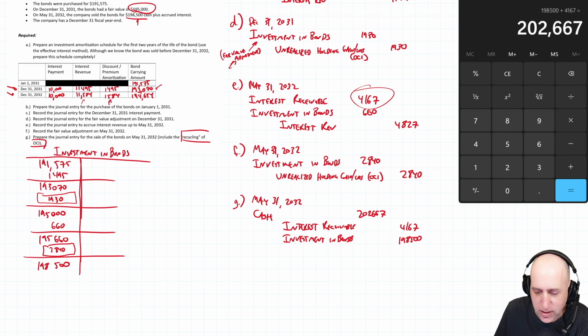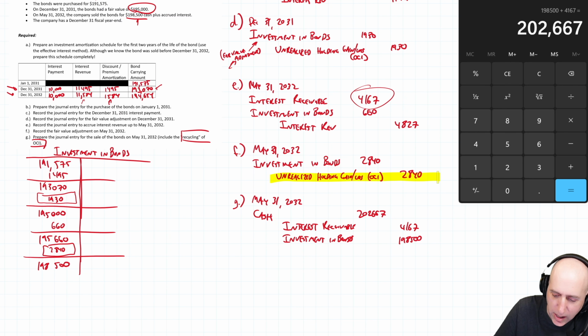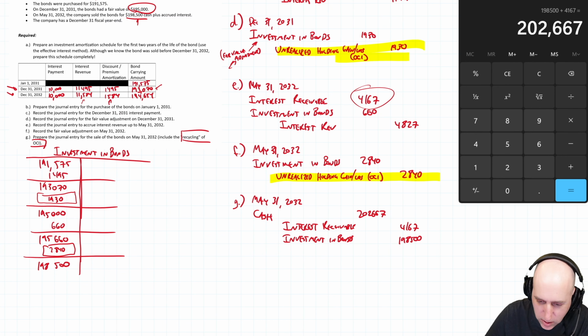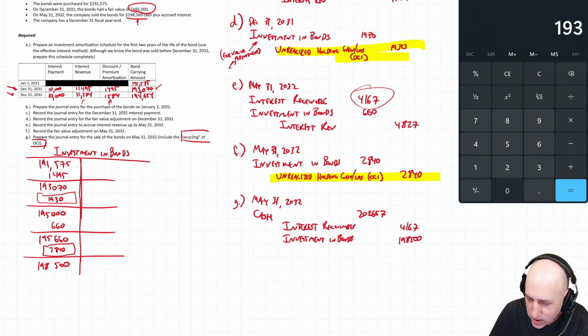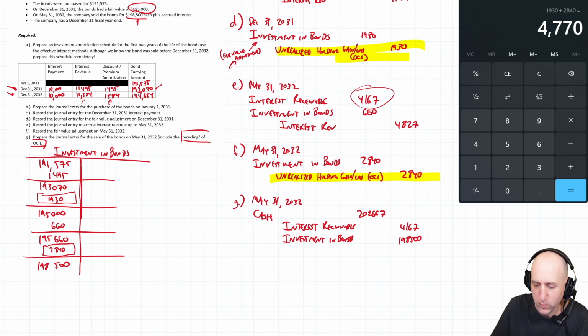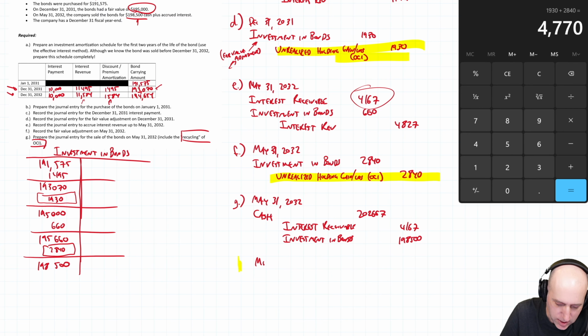All that means is anything I put into OCI in the question, I need to take it out of OCI and I need to put it into a normal revenue or expense account. So the total amount I put into OCI, 1930 credit plus 2840 credit, 4770, I reverse it out of OCI. So this is this recycling piece, May 31st, 2032.